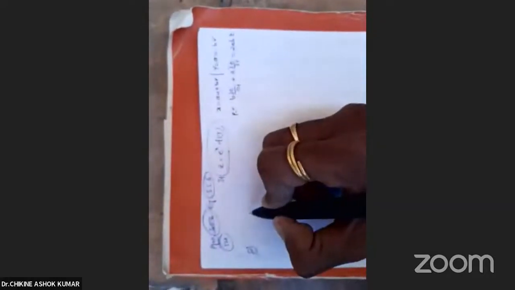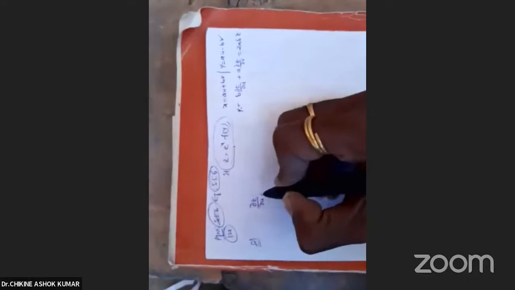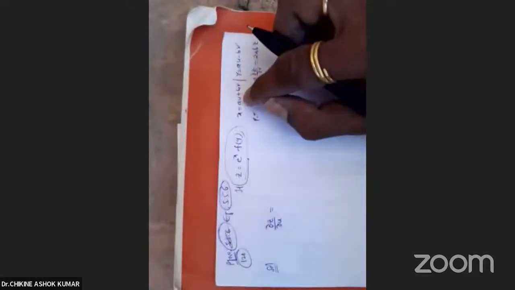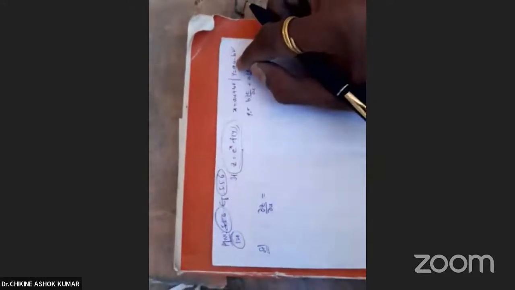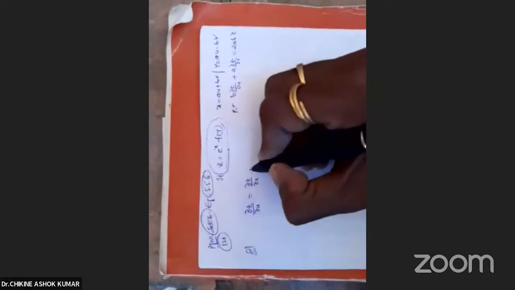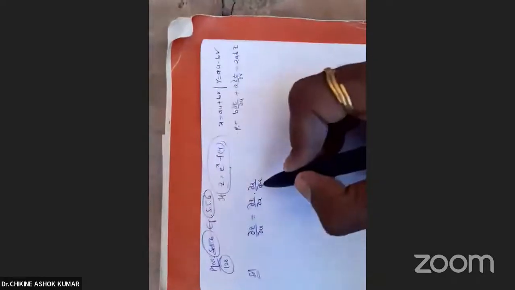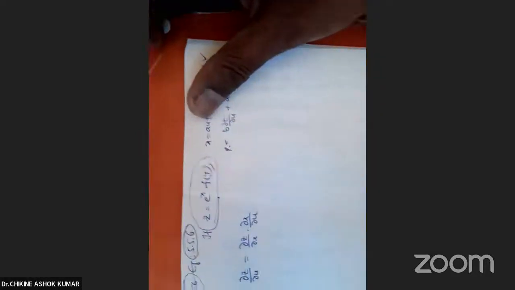So for this problem, first I will write del z by del u separately, and del z by del v separately, because here there is a combination of u. So del z by del u equals, first with respect to x, del z by del x into del x by del u. Am I right? Okay, here dx by du won't come, only when there is a single variable u do we write dx by du.